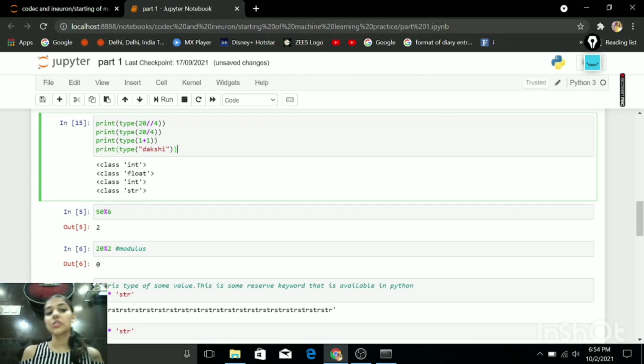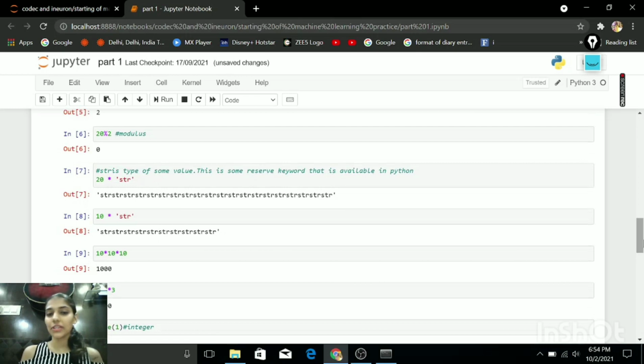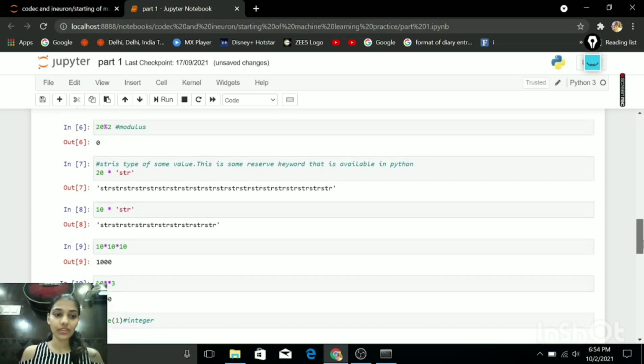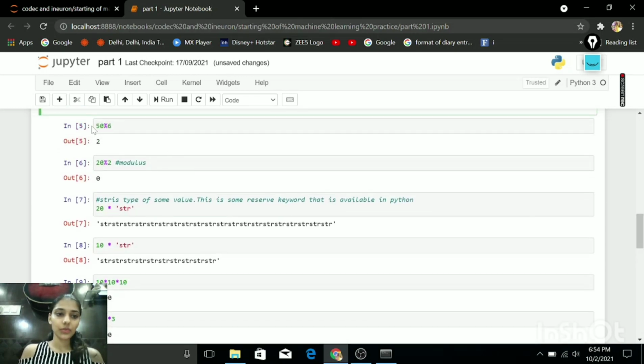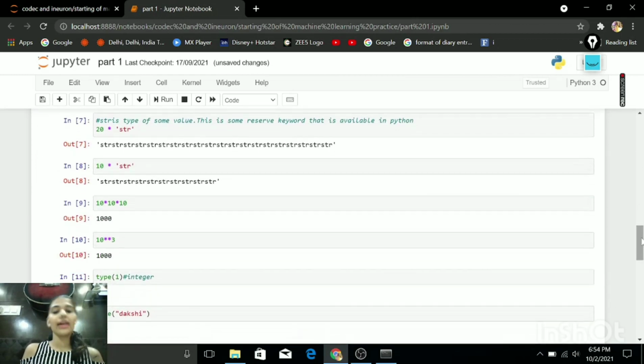So guys, the short form of string is str. Okay, let's talk about modulus. 50 modulus 6 is 2, 20 modulus 2 is 0, right? So let's check this also. If you are confused guys, it's an integer, right?